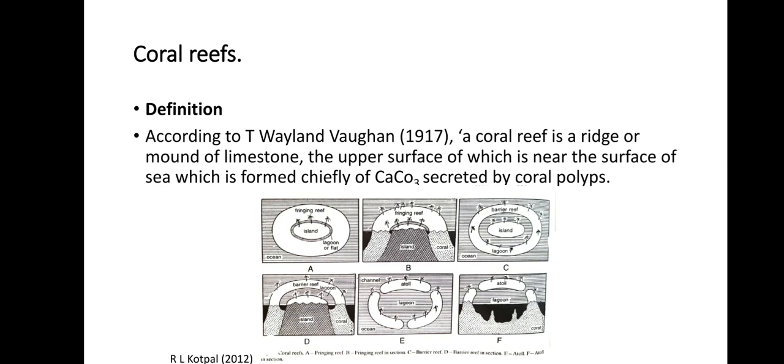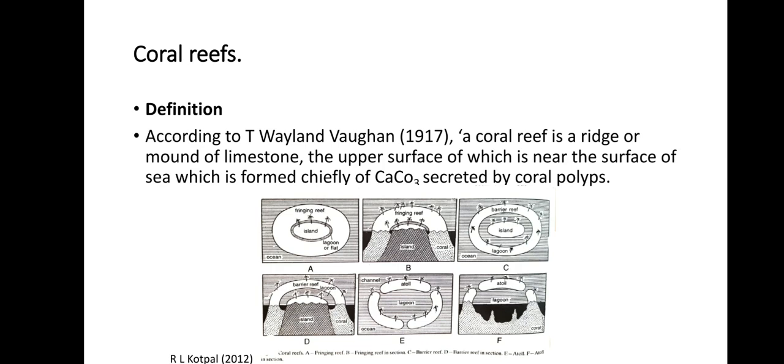A coral reef, as defined by Whelan, is a ridge or a mound, or a heap of limestone. How is this heap formed? It is formed by the coral forming animals. Usually the upper surface of it is towards the surface of the sea. And remember, it is formed only by sea animals, because anthozoans are marine, so you'll find them only in the sea.